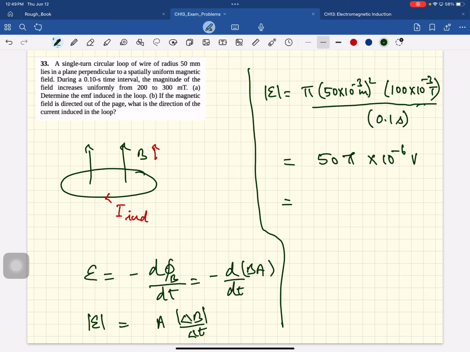Oh no, 50 squared, so all right, that's 10 to the minus 1, which cancels with that. That's 10 to the minus 6, 2,500 pi. Okay, so 7.85 millivolts.